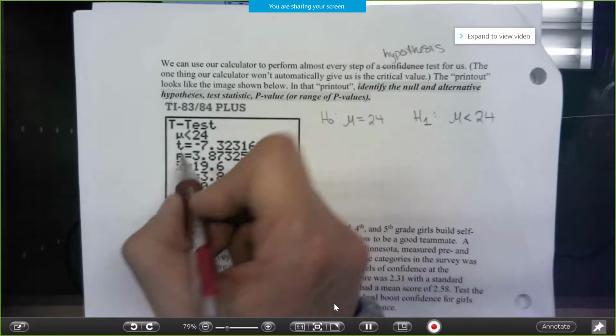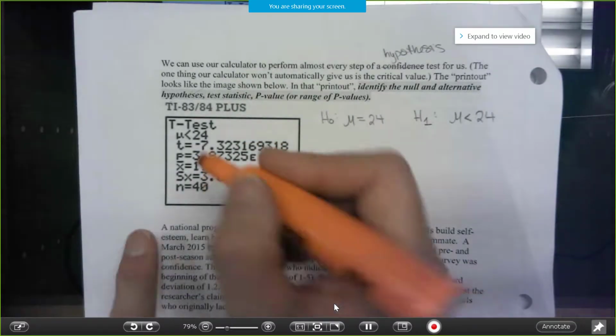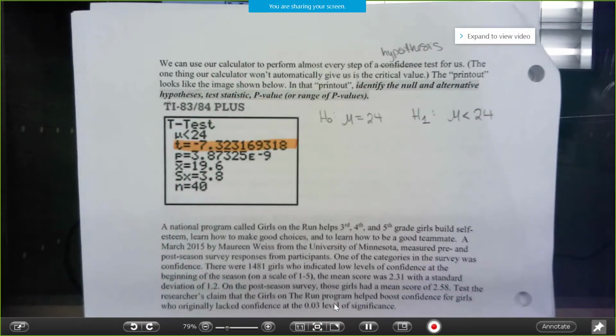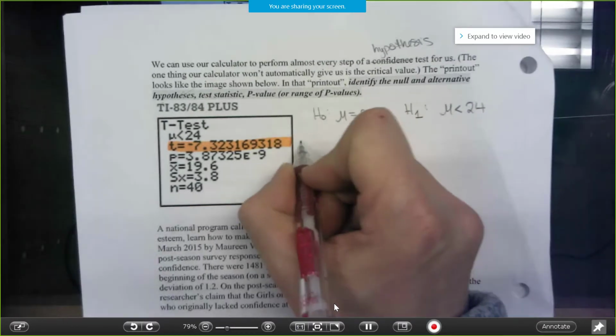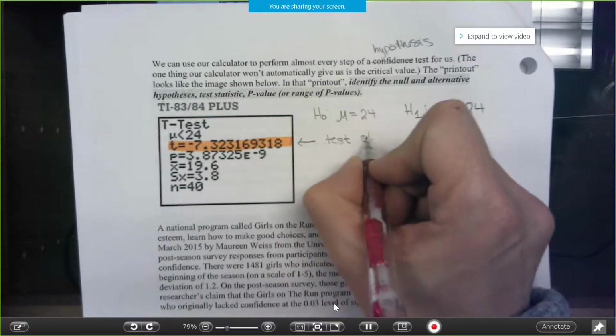The test statistic is just the very next line. So that right there is the test statistic.